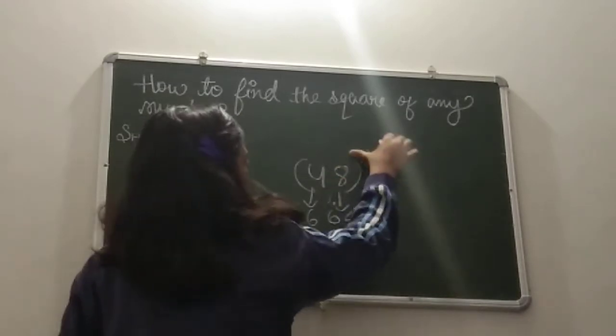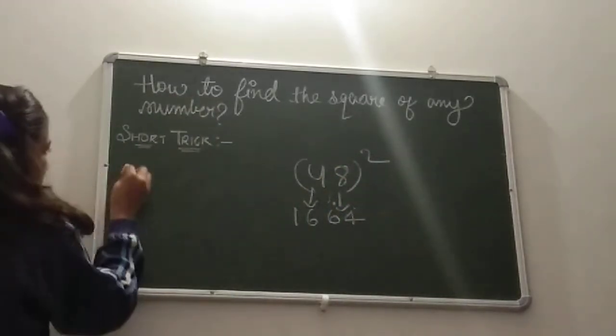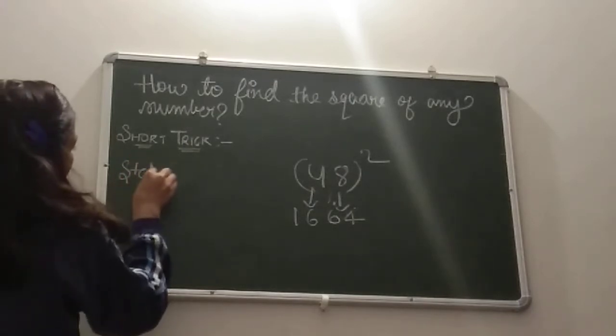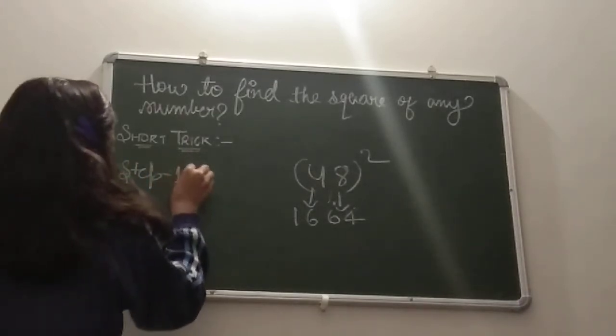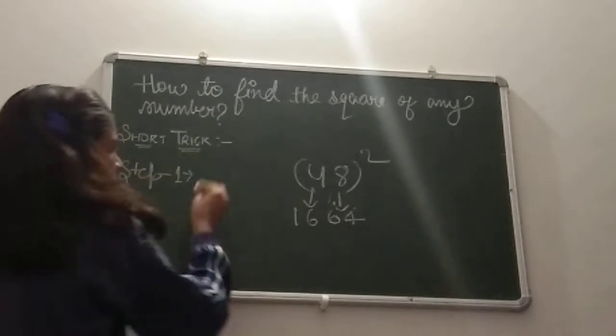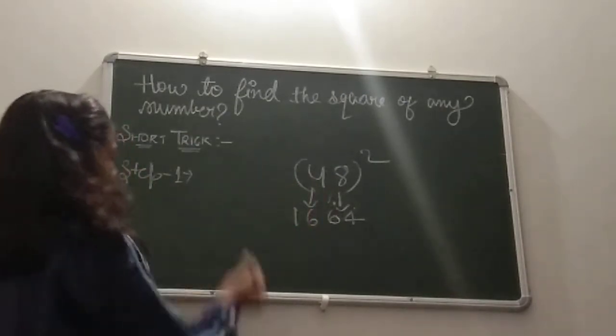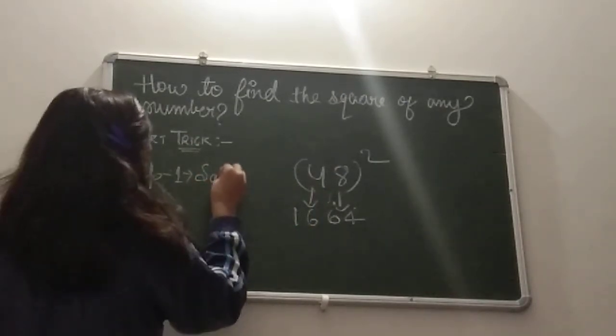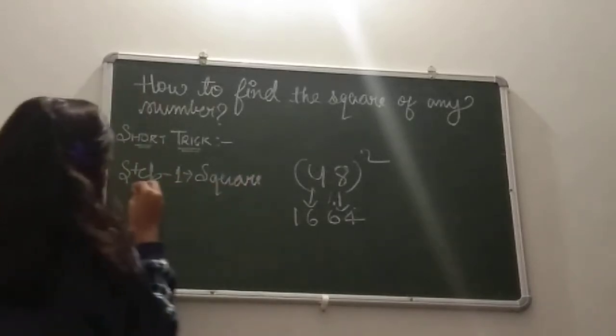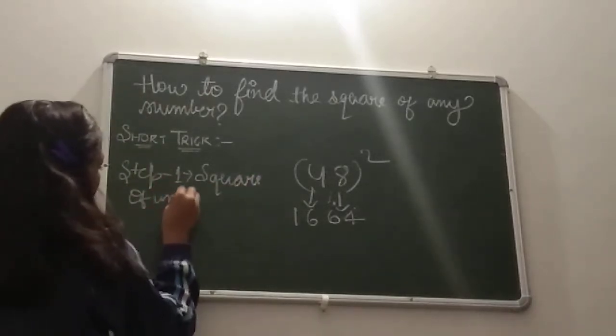So what you have to do next is multiply 4, multiply 8, multiply 2. In short, I can write here that step 1 is that you have to find the square of both unit numbers.